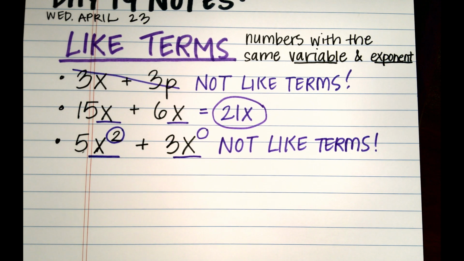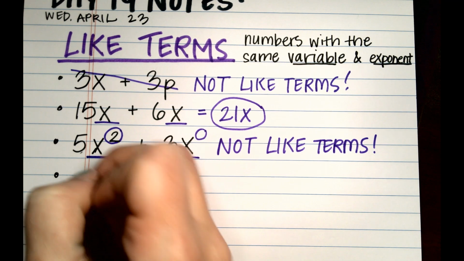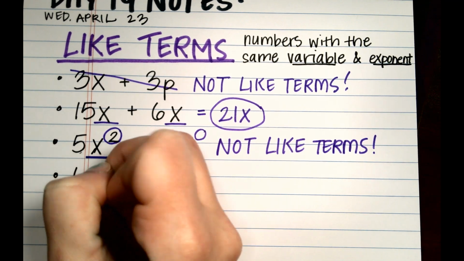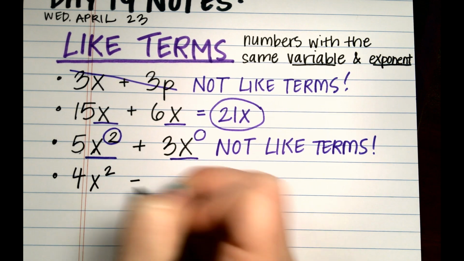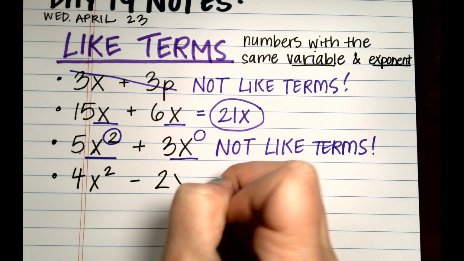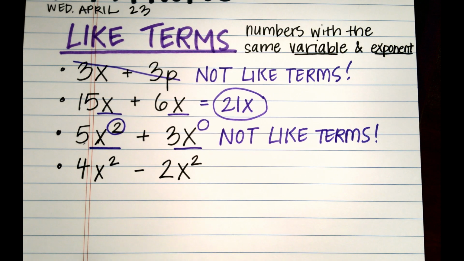So let's try something a little different. What if I have 4x squared minus 2x squared? Are these like terms?